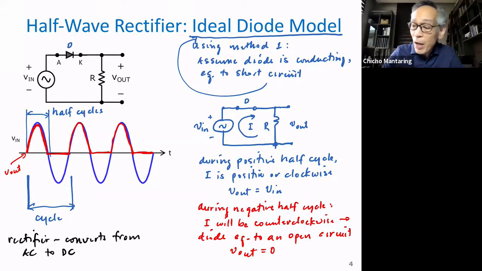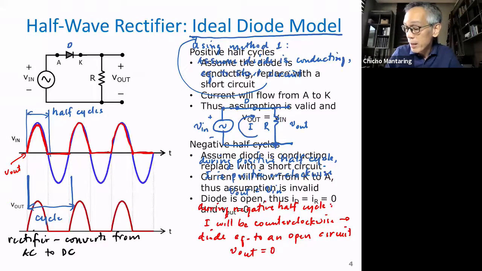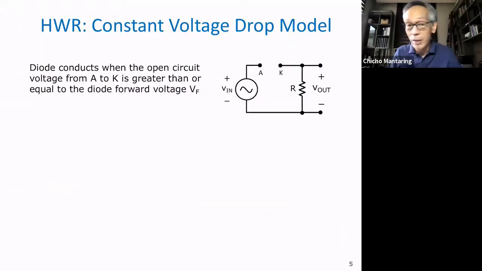Now what if I had assumed the constant voltage drop model? So the constant voltage drop model. Ngayon, let's try to work out our analysis using method 2, no? This time using the open circuit voltage. So kanina ang ginamit natin yung method 1, you replace it with its equivalent circuit assuming it is conducting. Now let's use the method 2 or using the open circuit voltage.